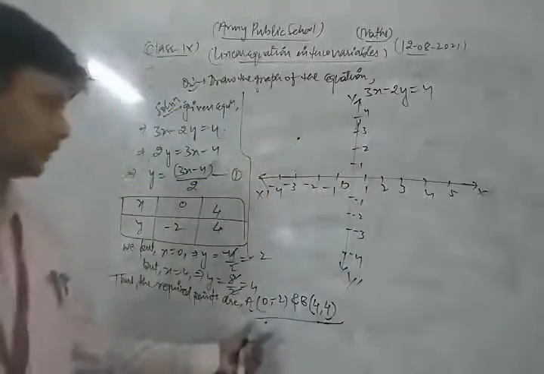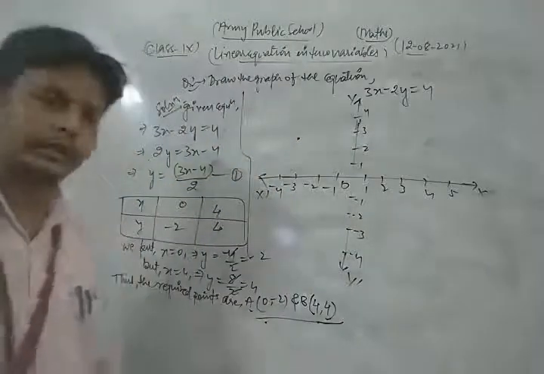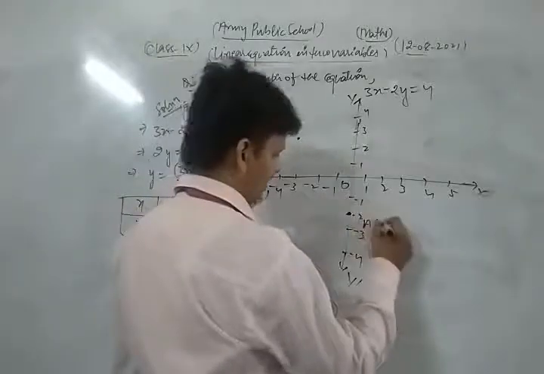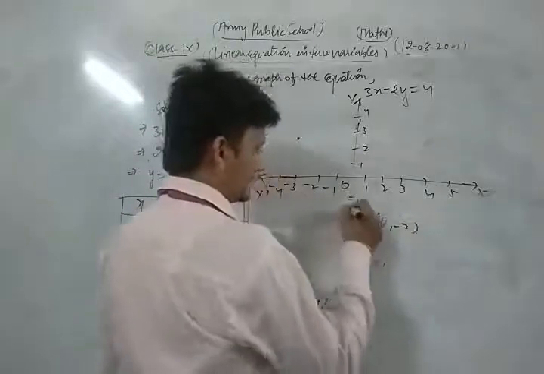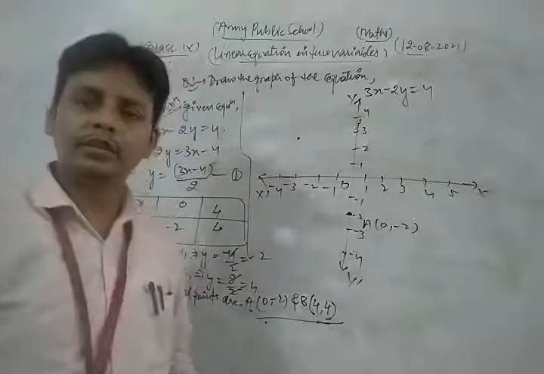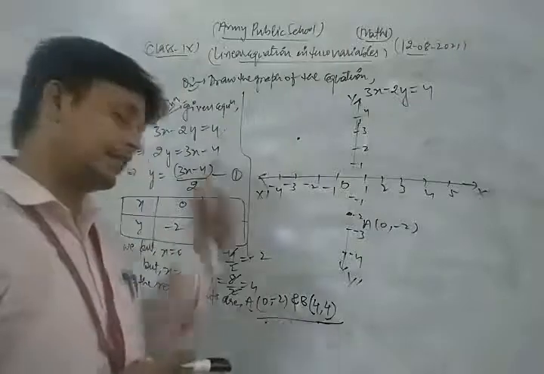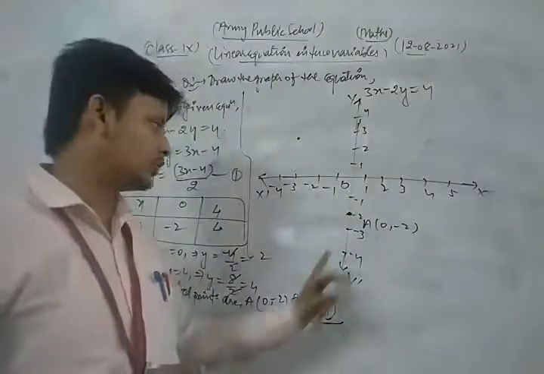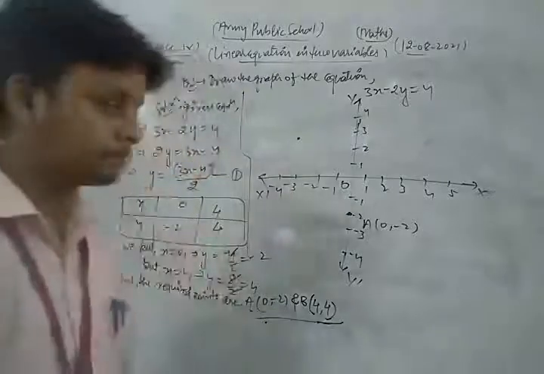Now we plot (0, minus 2). The abscissa is 0 and the ordinate is minus 2. So point A, (0, minus 2), lies on the y-axis. All the points in which the abscissa is 0 lie on the y-axis. So this point (0, minus 2) lies at that position.